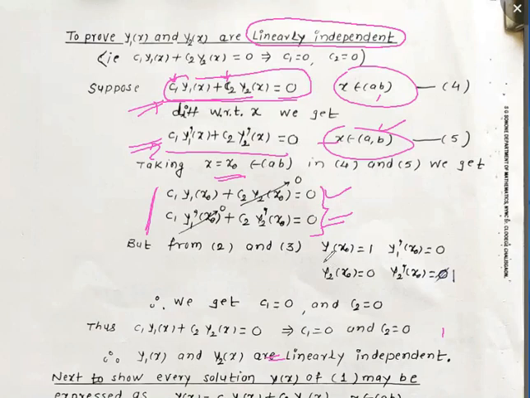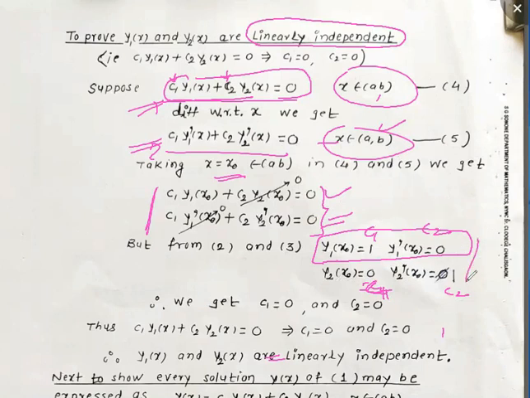Now y1 is a solution for which C1, C2 we have taken as 1 and 0. So y1 is a solution so that y1(x0) is 1 and y1 dash (x0) is 0. Whereas for y2, C1 is 0 and C2 is 1. So it is a solution so that y2(x0) is 0 and y2 dash (x0) is 1.